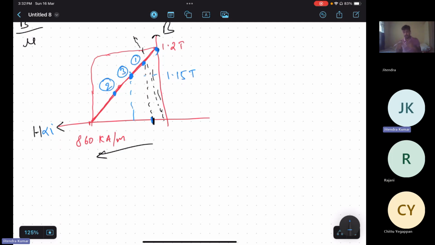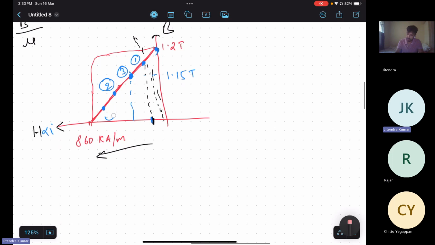Now with this external field applied, where will it operate? At 1 or 2? Let me clarify once more. 1 was when no air gap was present. 3 was when air gap was included, and 2 will be when this external field is applied.